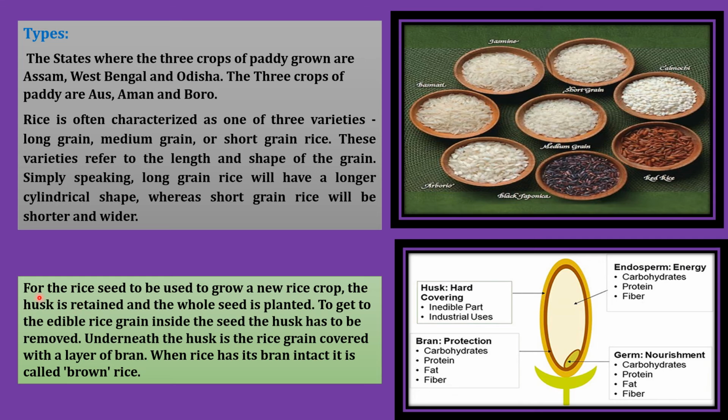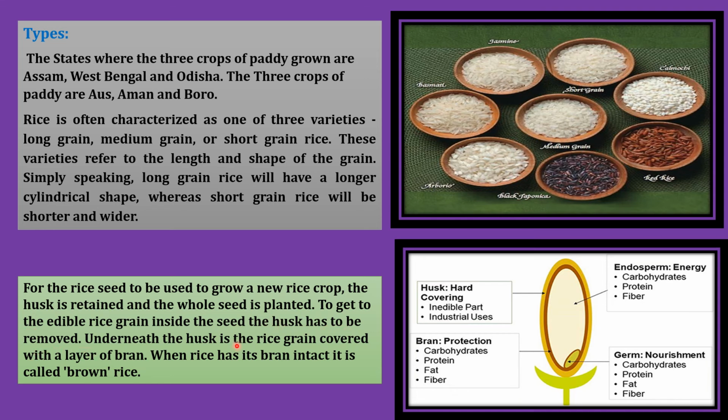Now again I am reading. Hope you will understand. For the rice seed to be used to grow a new rice crop, the husk is retained and the whole seed is planted. To get to the edible rice grain inside the seed, the husk has to be removed.